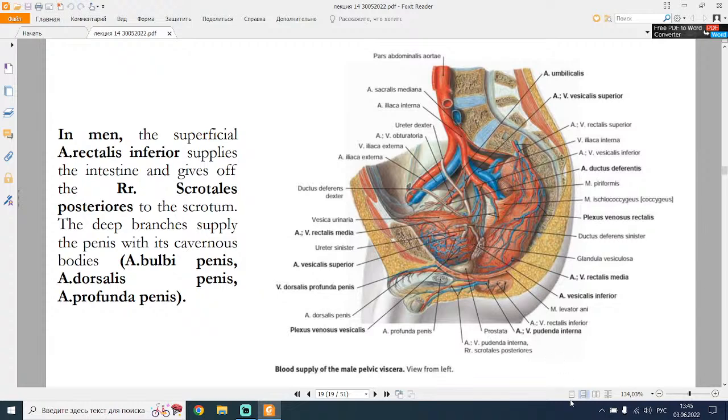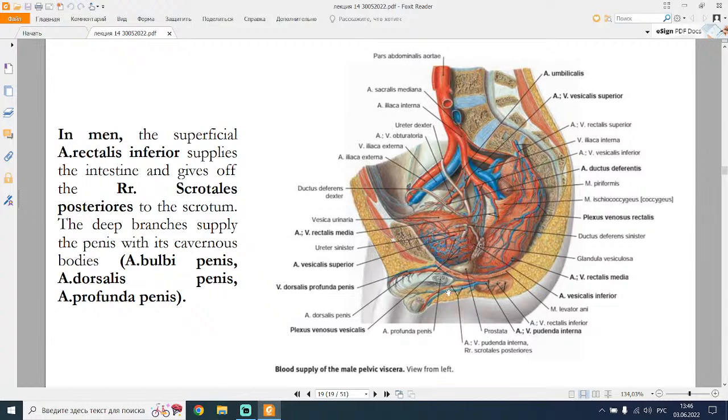In men, the superficial arteria rectalis inferior supplies the intestine and gives off the rami scrotales posteriores to the scrotum.